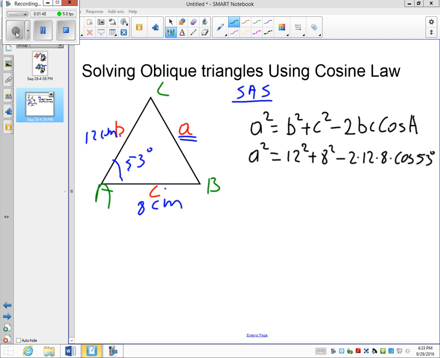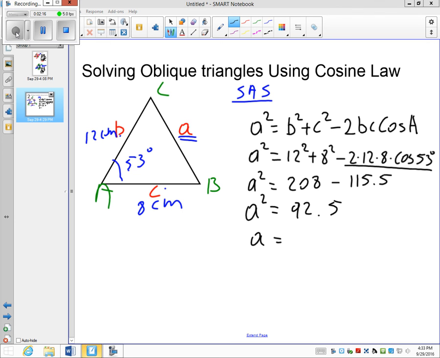All right, now that we have the information, let's use the calculator to figure out these values. 208 minus 115.5. So in this product here, I rounded to the first decimal place. And we're going to get A squared equals 92.5. Taking the square root of both sides, we figure out that A equals 9.6.